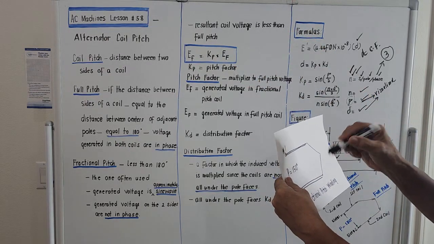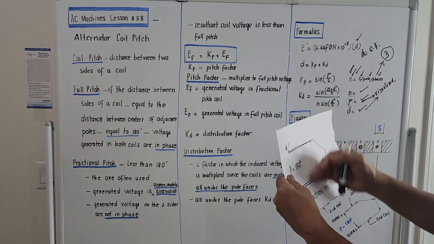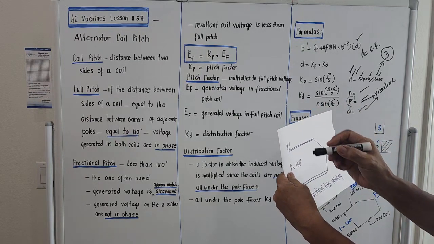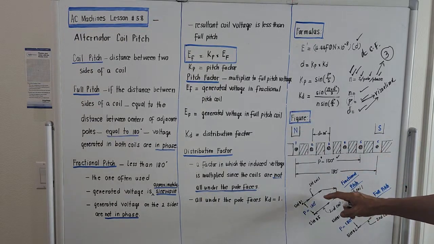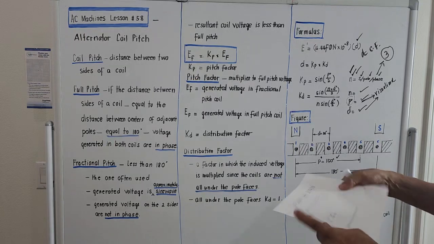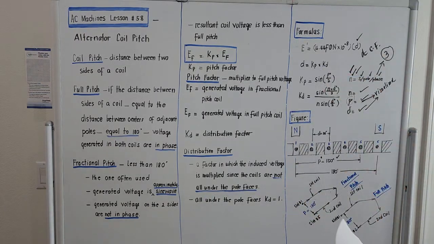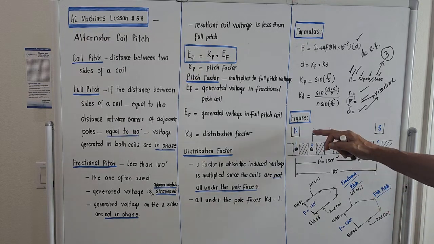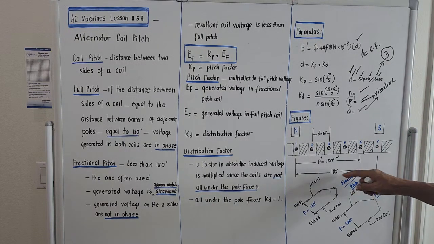Because in power generation, there must be magnetism produced by the pole faces, and there should be a rotation. This winding here should rotate, cutting the lines of flux to generate voltage. So in here, the pitch is 150 degrees. The normal distance between a north and south pole face is 180 degrees.